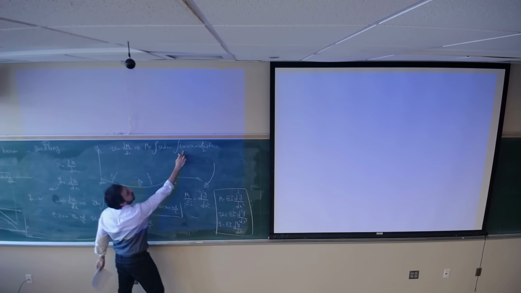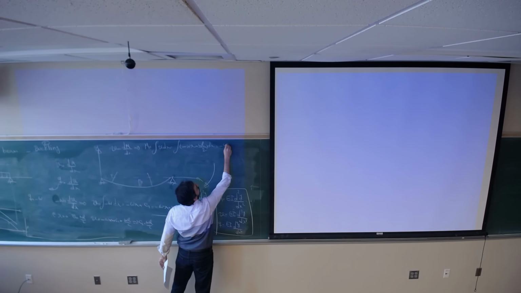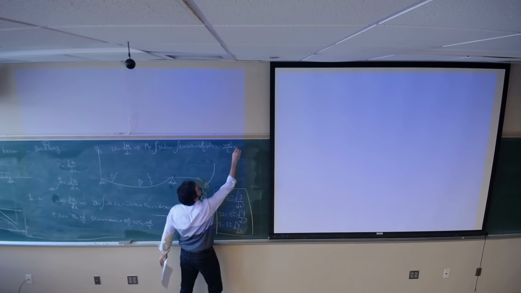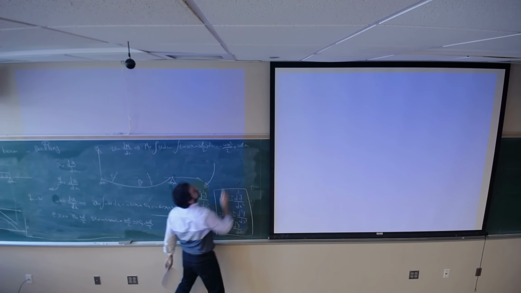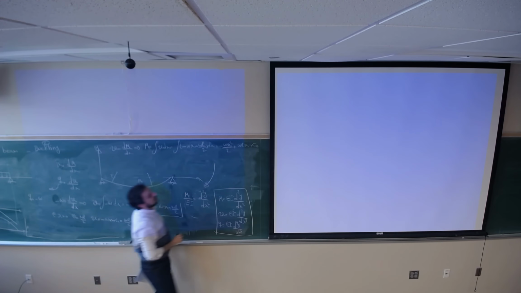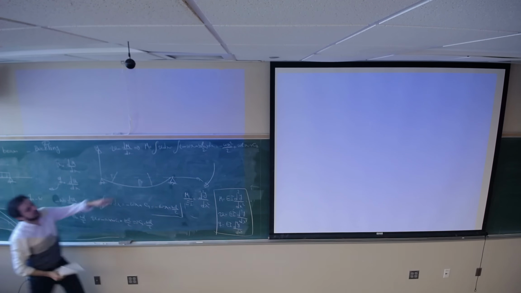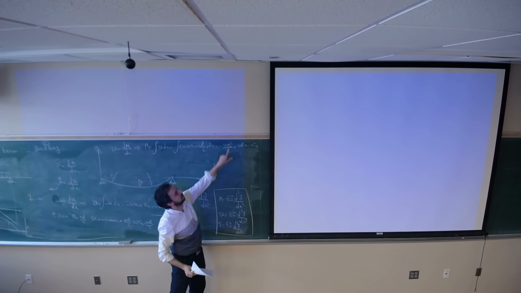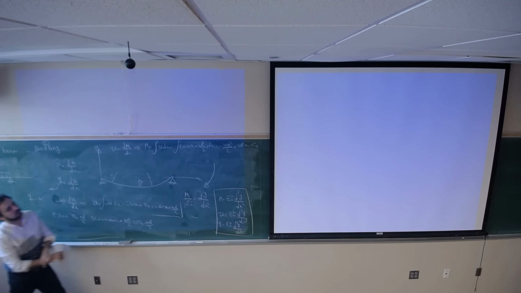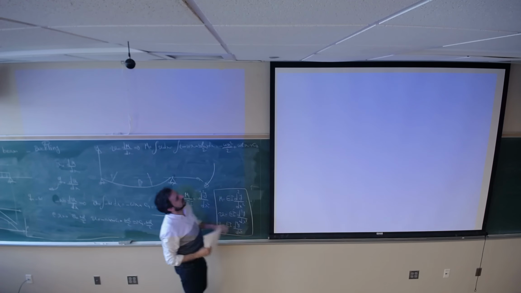Integration of this is going to be negative wx squared divided by 2 plus wLx divided by 2 plus C2. Integration of negative wx is negative wx squared divided by 2, wL divided by 2 is a constant, I should have x, and C2 is a constant.